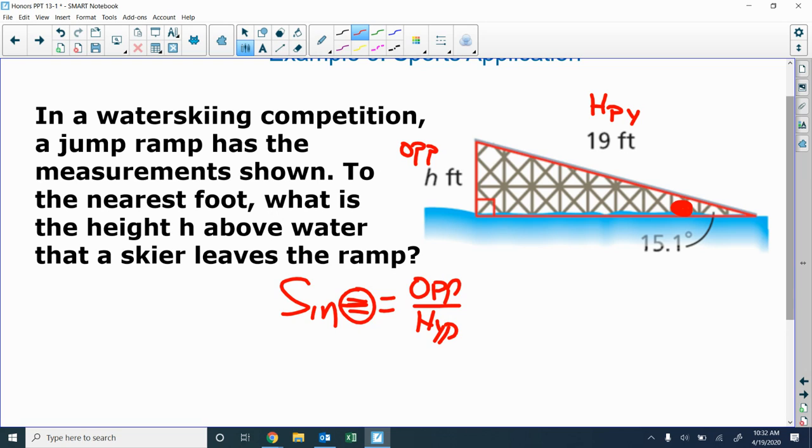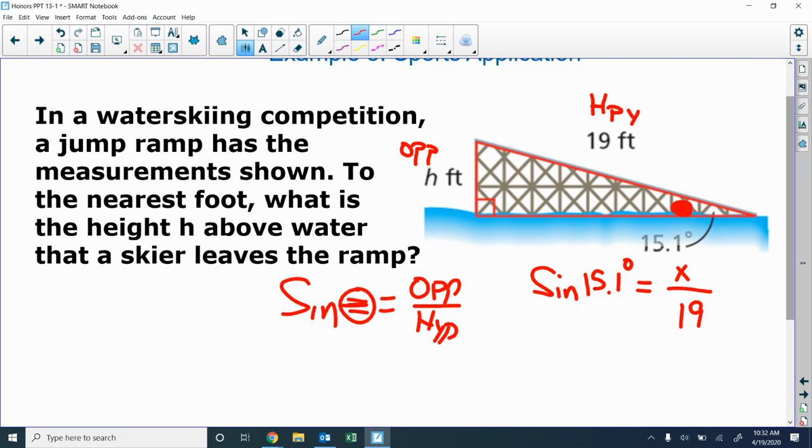Well, here's where we want to make sure our calculator's in that degree mode. So our equation is going to look like this. Sine of 15.1 degrees is equal to the opposite, which I don't have, and we'll just label it as x, over the hypotenuse of 19.